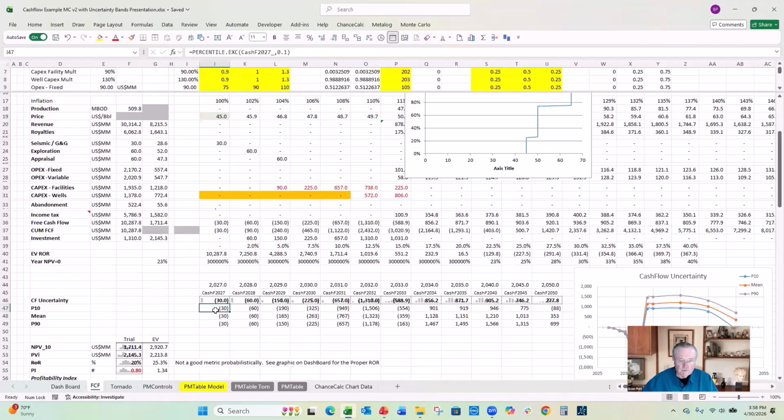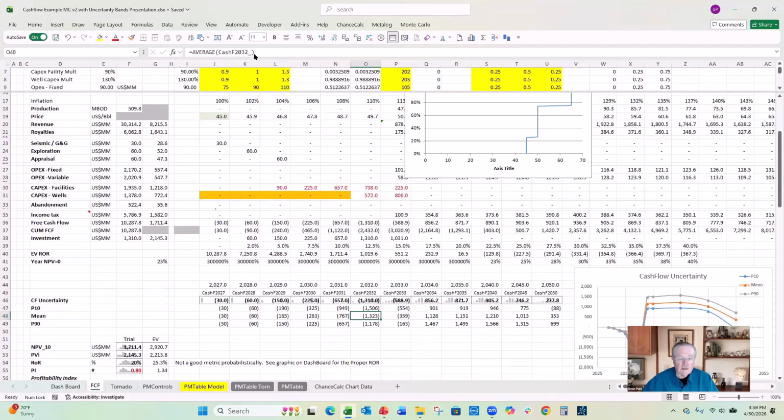Then I could calculate. There's a percentile command that says, in this variable, cash flow 2027, I want to know what the P10 is. Over here, I want cash flow 2032, I want the P10. Down here, I want the P50. Oh, here I took the average.